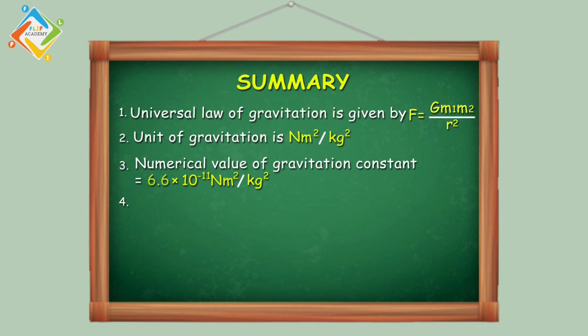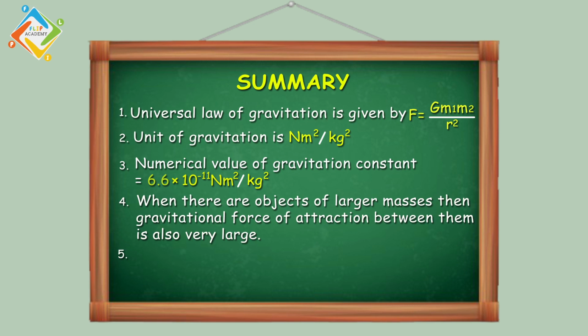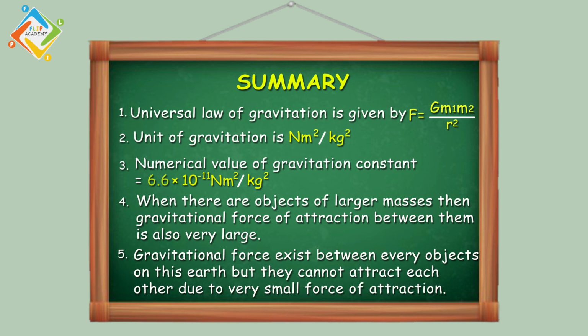The fourth is that when there are objects of larger masses, the gravitational force of attraction between them is also very large. And the fifth is that the gravitational force exists between every object on this earth, but they cannot attract each other noticeably due to the very small force of attraction.